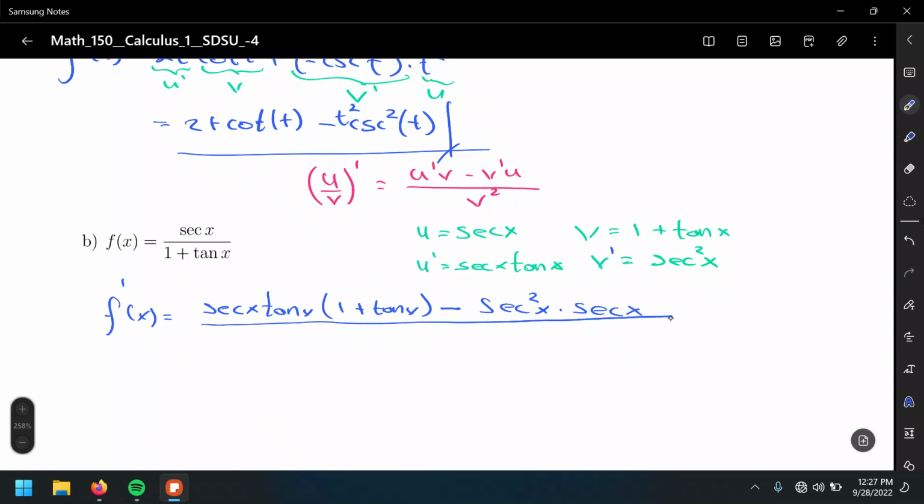The whole thing divided by the denominator squared, which in this case is 1 plus tangent x quantity squared.